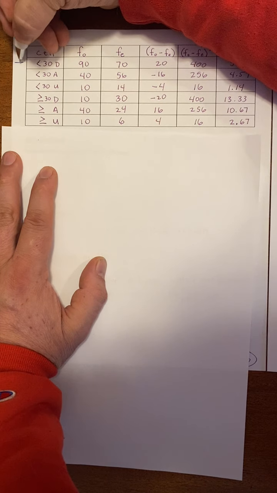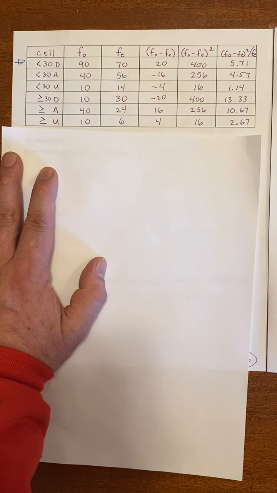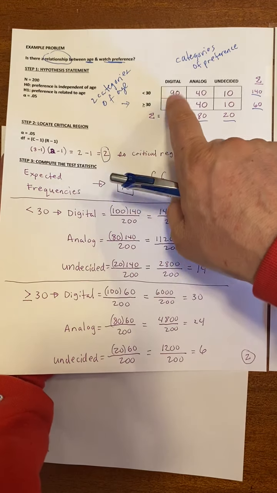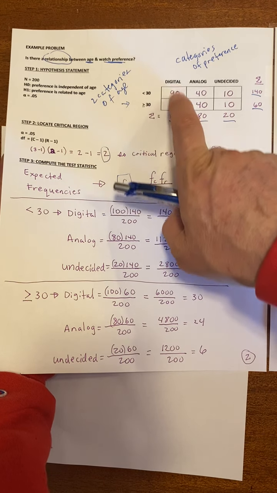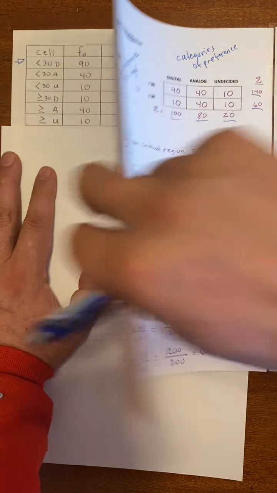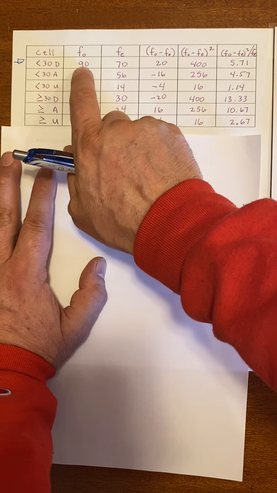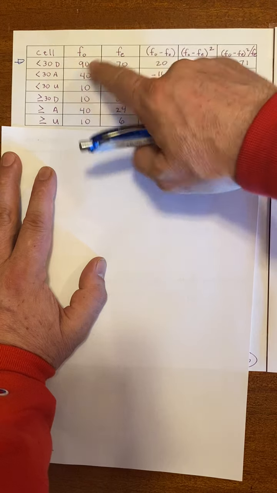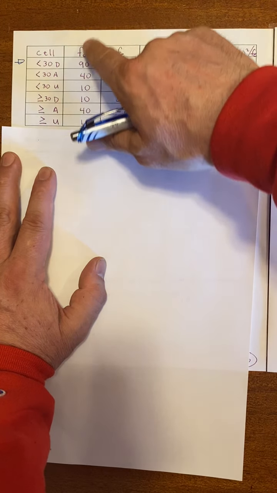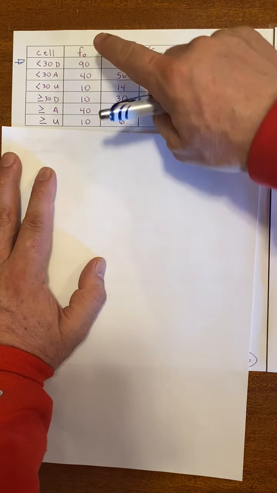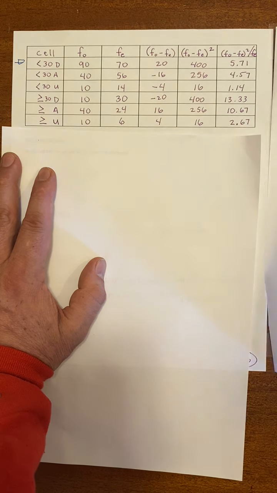Each row is information about one of the cells. Say, for instance, this less than 30 digital group, they have that score of 90. That's their observed score, so that's going to be the column here. All the FOs, the actual observed scores, are going to go here. Here we got 90, 40, 10, 10, 40, 10.